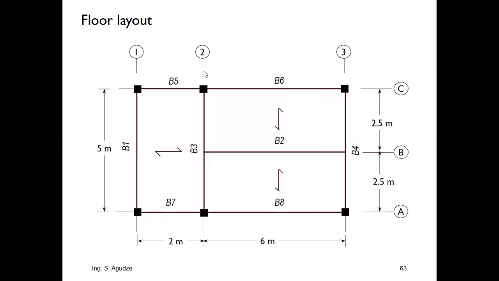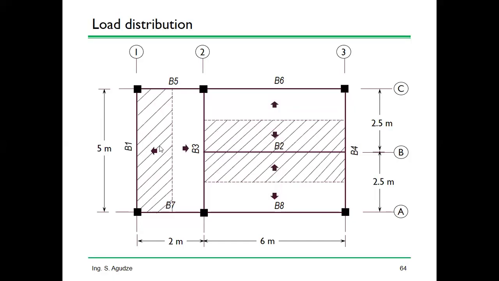Sometimes you can also use the green lines to show the beam numbering, but if you number it in this serial order, it's far better. So you see that this has been done.